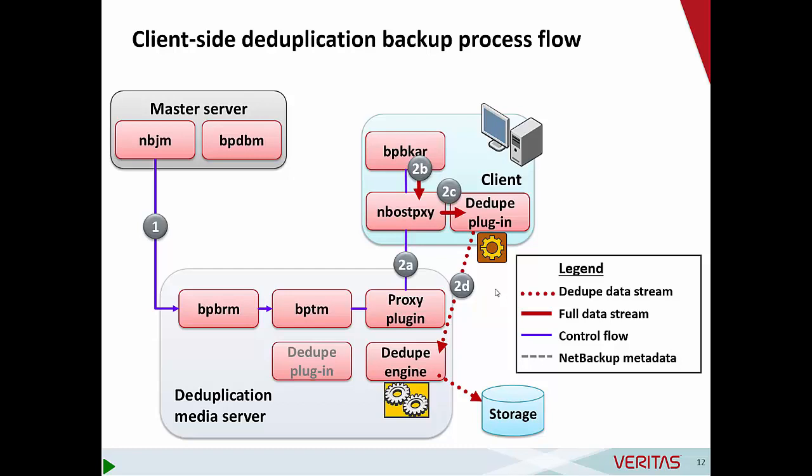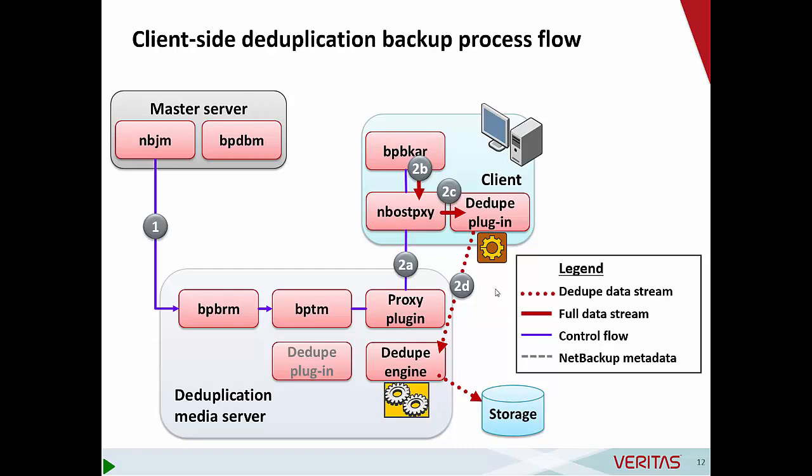Note that NBOST proxy is talking to the proxy plugin on the media server, and at the very beginning of the backup, the client is receiving a cache of fingerprints to work against. And that cache is made up of all of the files from the last full backup of this client, at least all the fingerprints for those files.